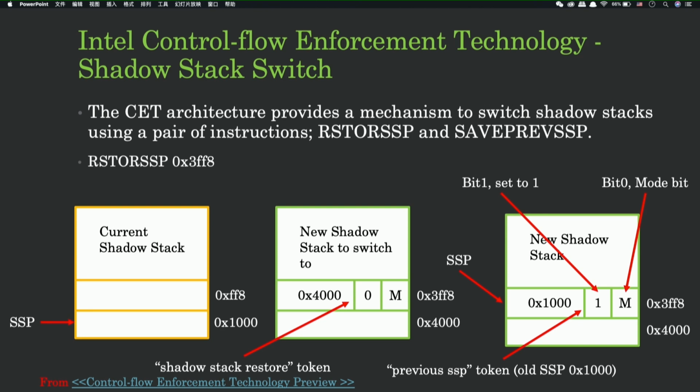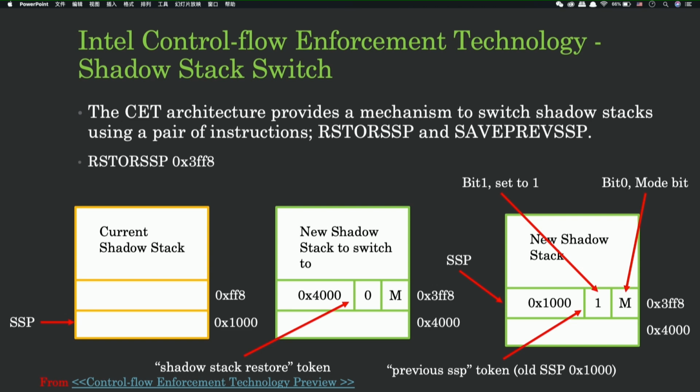Now let's look at this. First of all, we have the current shadow stack here, and then we are using restore SSP given an address. This is where the new shadow stack we want to switch to. As we see, it points to here. At this location, it has what they call the shadow stack restore token.